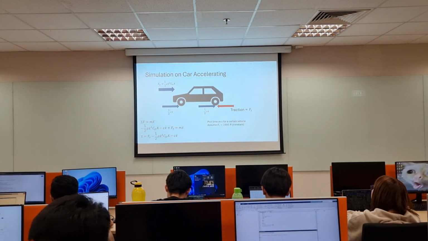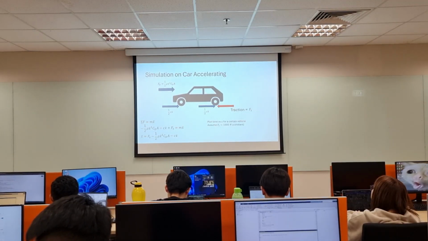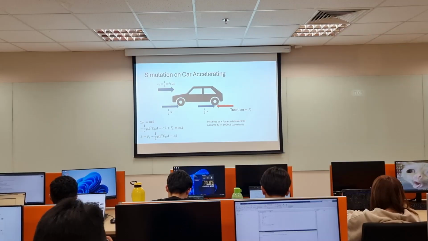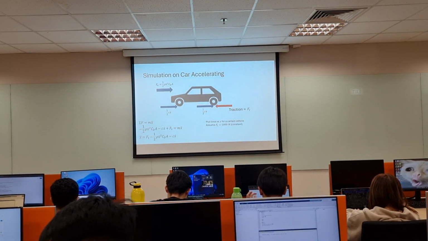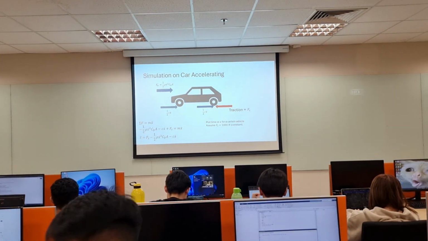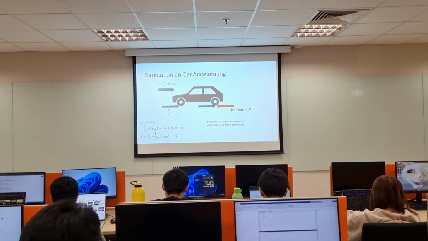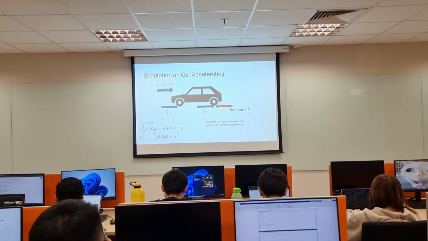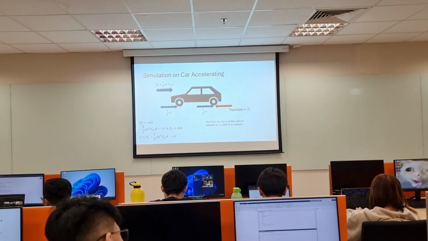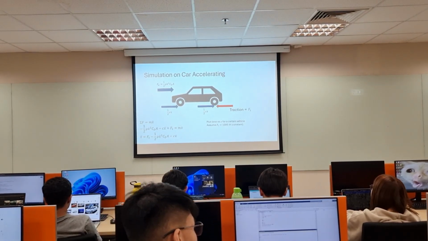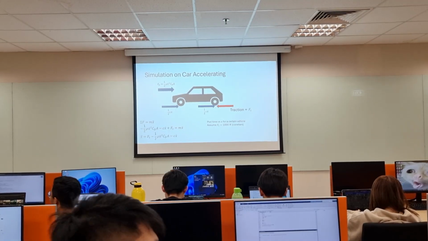Ini lebih kecil kan? Iya. Pakai RIV, RIV-nya S100. Oh ini nih, Volkswagen. Ini 1 liter 10 nih.